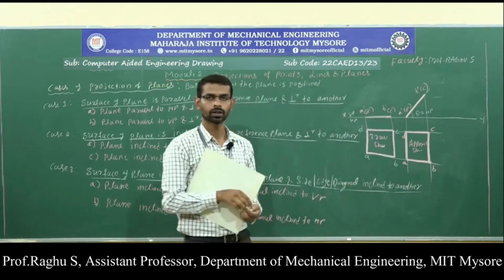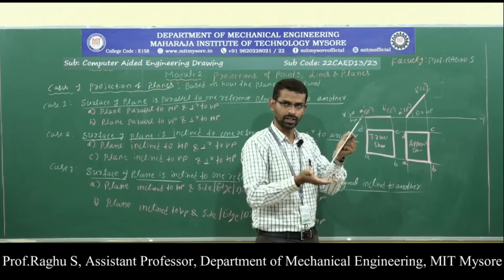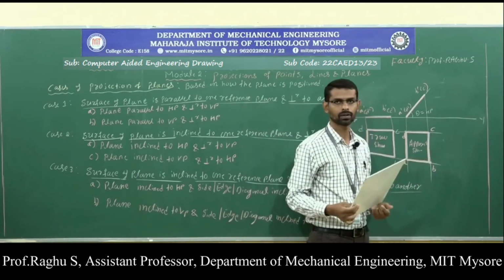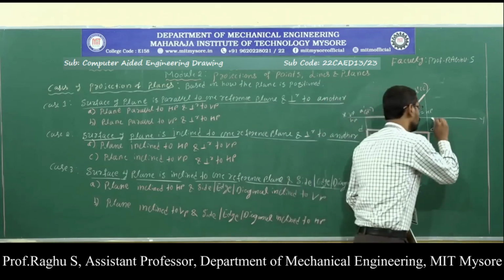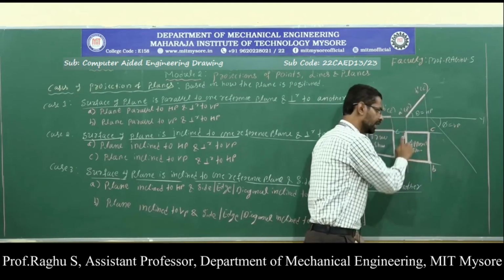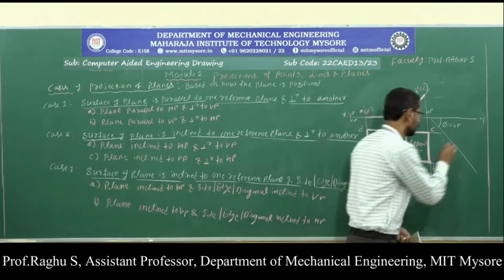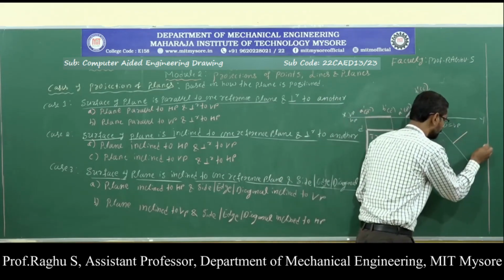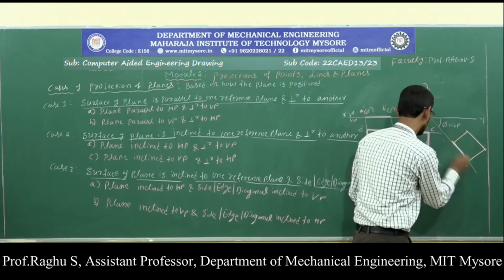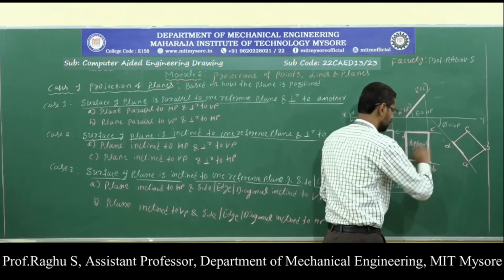And the last one, the side on which it rests. Here this is the resting side. The side on which it rests is inclined with respect to VP. So draw the VP inclination angle phi. Here AD is the resting side.